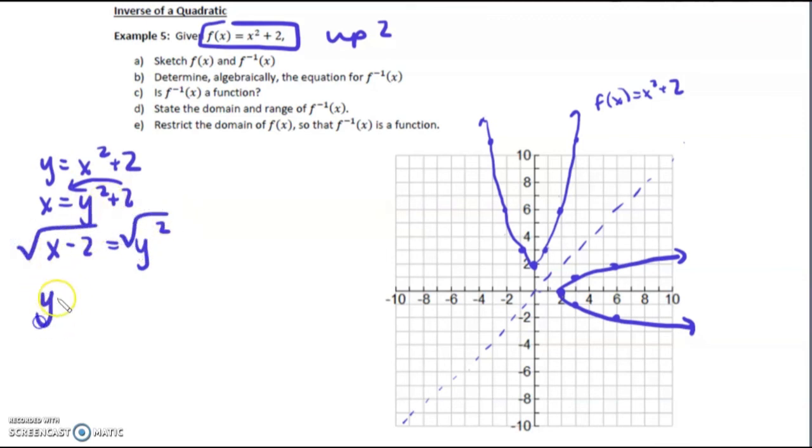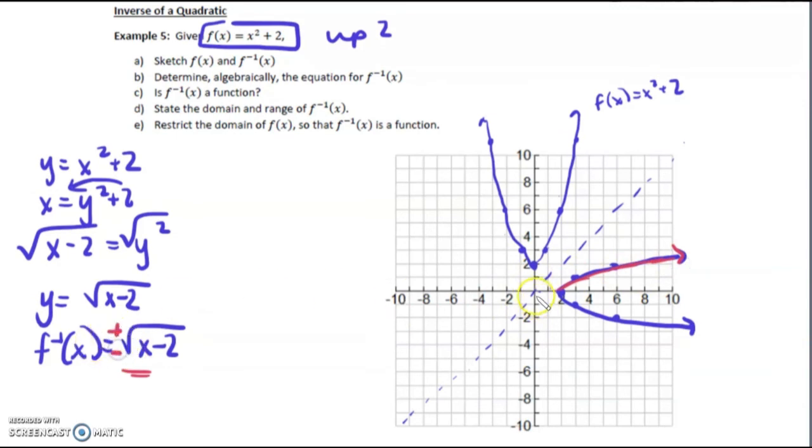At this point, we have y equals root x minus 2, which is f inverse of x equals root x minus 2. This only takes into account that positive arm of the root function. We must take into account both the positive and the negative in order to get the full inverse of x squared plus 2.